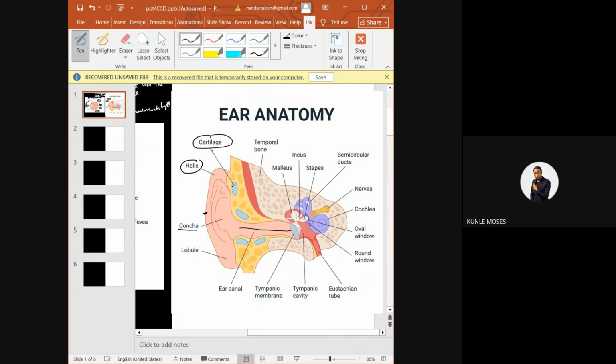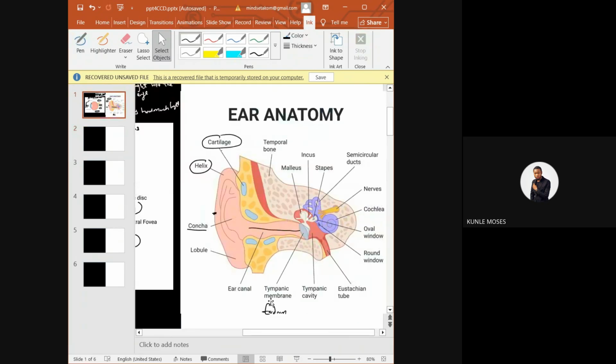And this tympanic, you can also call it the middle ear, but it is actually the tympanic membrane. It is the structure that is connecting the external ear to the middle ear. So the middle ear starts from the tympanic membrane, which is what we call the eardrum.